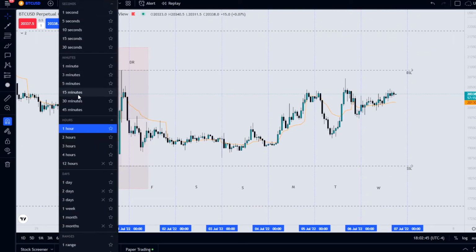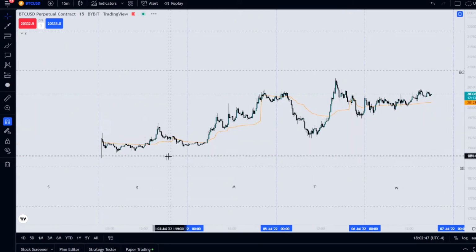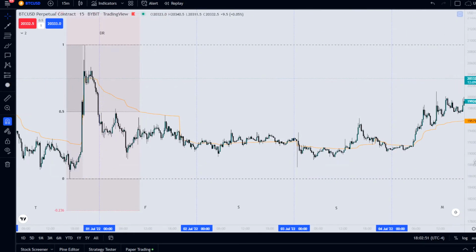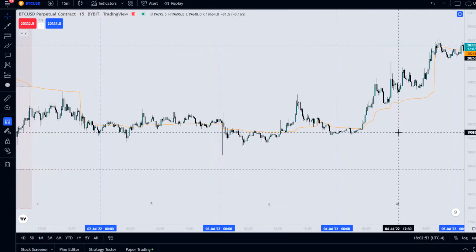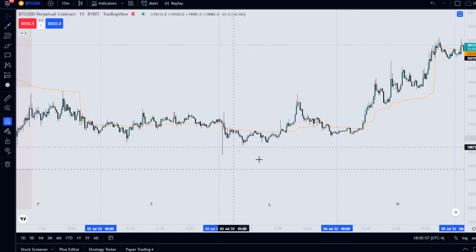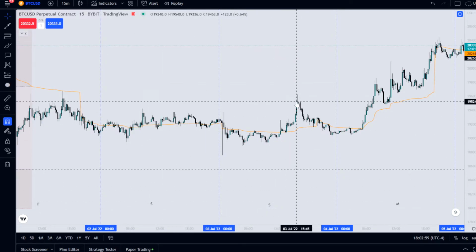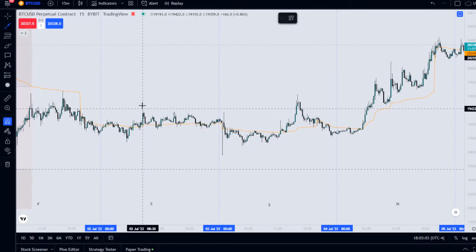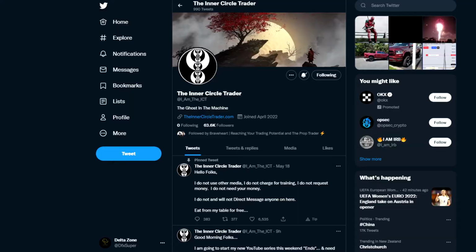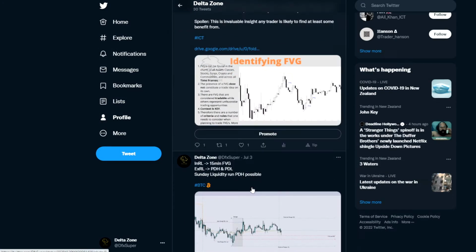Now, let me go down on to this. This is Saturday, this is Sunday. I was pointing out on my Twitter on Saturday how we were likely to run Saturday's highs on Sunday. So let me go to my profile, I'll show you what I mean.